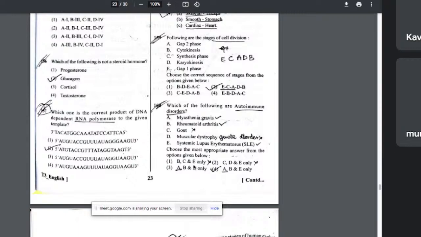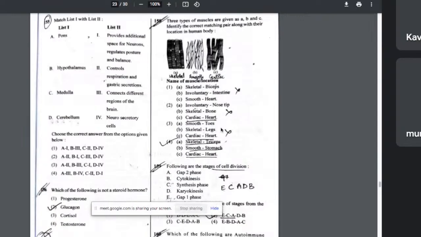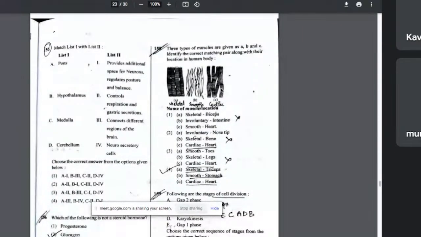For the 158th question, they have given you 3 different diagrams. You are able to see that A is a skeletal muscle, B is a smooth muscle, and C is a cardiac muscle. C is a cardiac muscle which is present in the heart. Among all the options, only these 2 options have cardiac and heart, which means you can eliminate the other options.